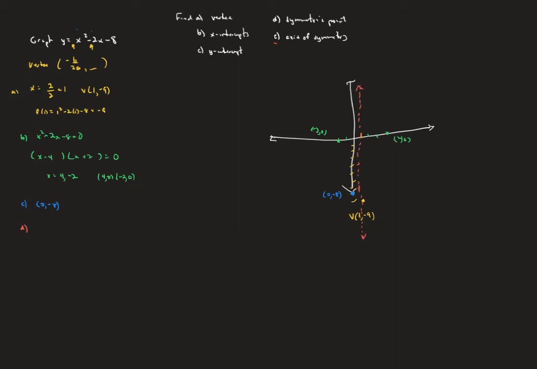So the symmetric point is that point on the other side of the vertex from the y-intercept. The y-intercept is over here at 0, the vertex is at 1, so on the other side of that, and at the same y value, is going to be 2, negative 8. That's what we are going to call the symmetric point.